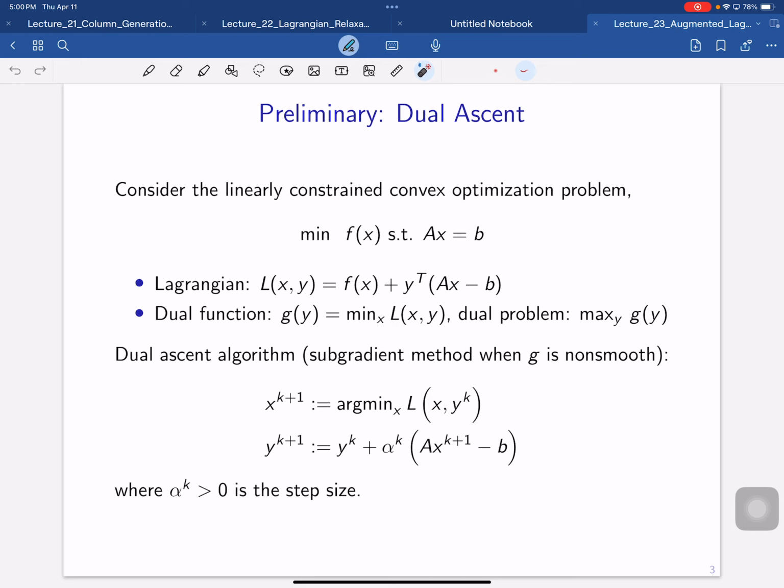For each fixed Lagrangian multiplier, you optimize for x, and then we showed that this term is a subgradient when the problem is an MILP. But when the problem is continuous convex, this is just the gradient of the dual function, so you can just take the gradient step in the dual. That's it, right? This is nothing but the subgradient method applied to a continuous problem. But actually, when the problem is continuous, it is a gradient, not a subgradient. It's just much easier than the problem we talked about in the previous lecture.